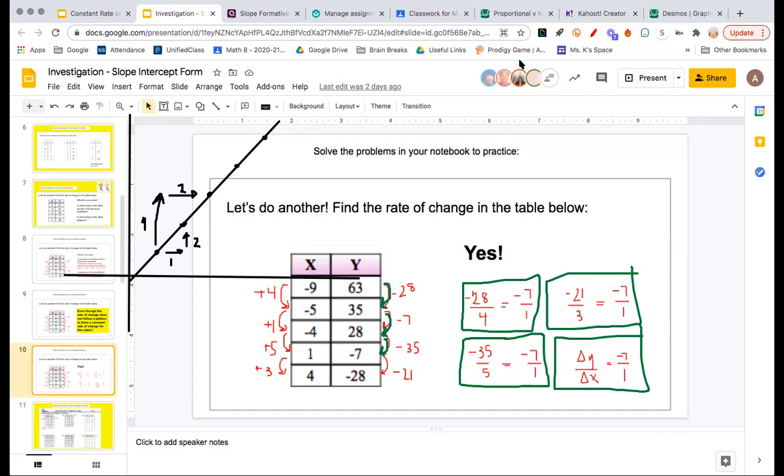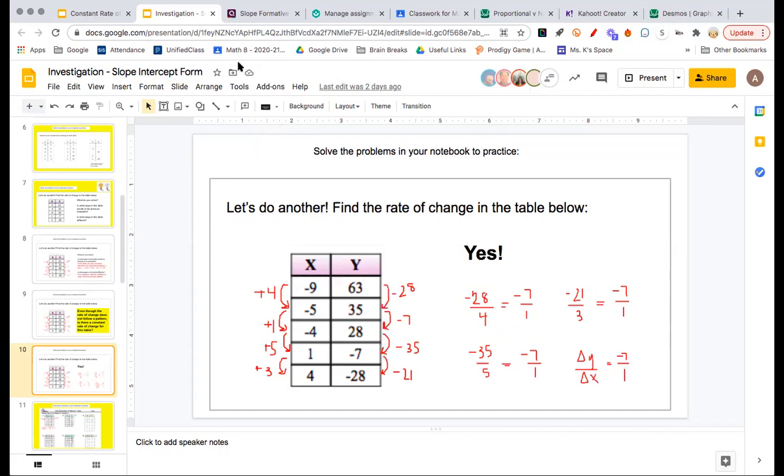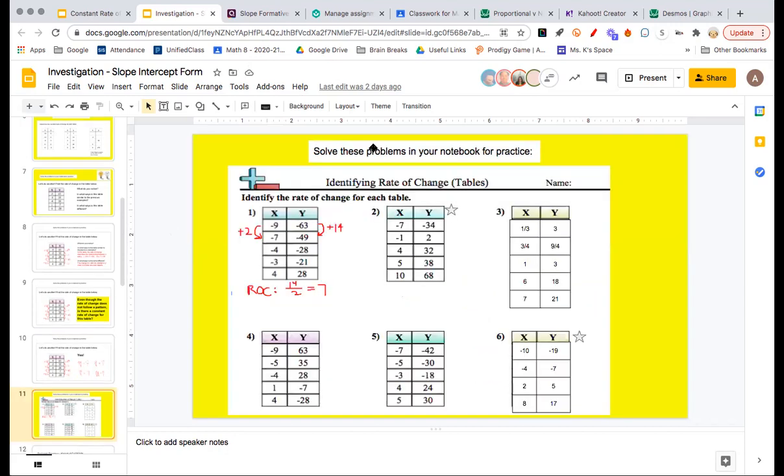Okay. So our final task today would be to try some tables that don't follow a pattern, right? So if I were to solve this first one, and we're going to just pick 3 out of these 5 problems, just pick 3. In this first one, I look at this rate of change, and I also want to check it on another one.